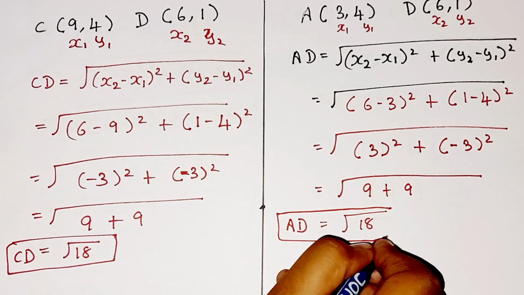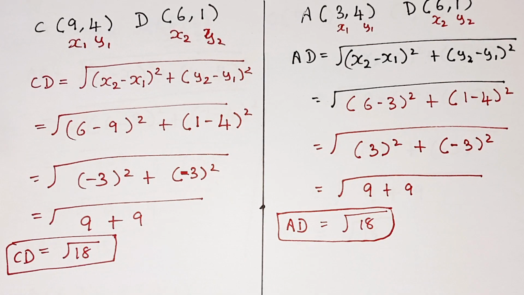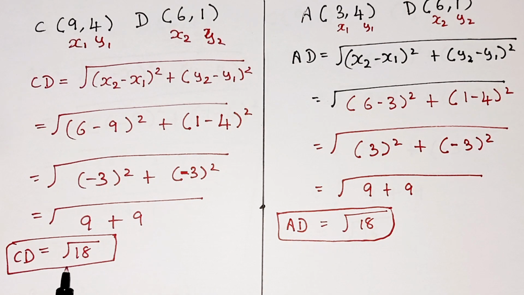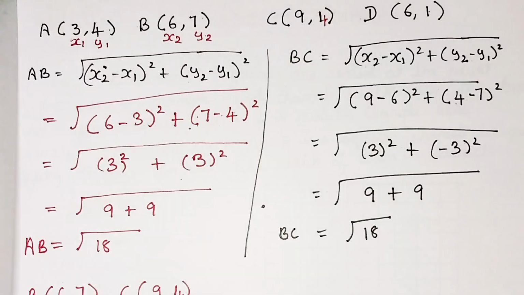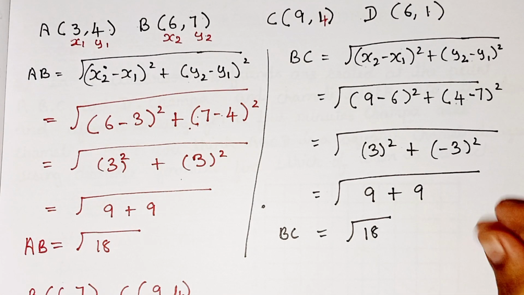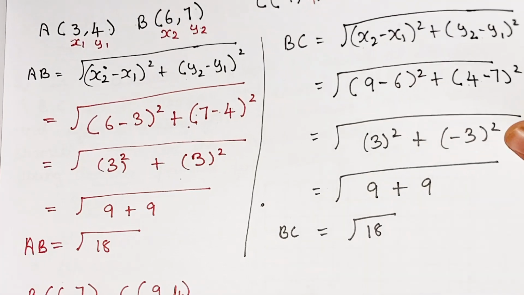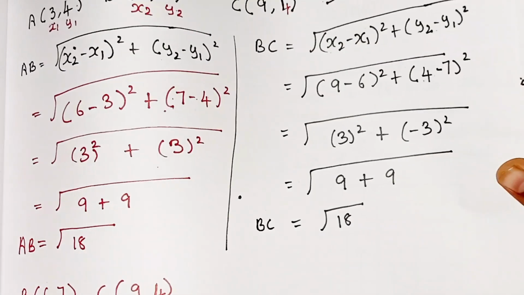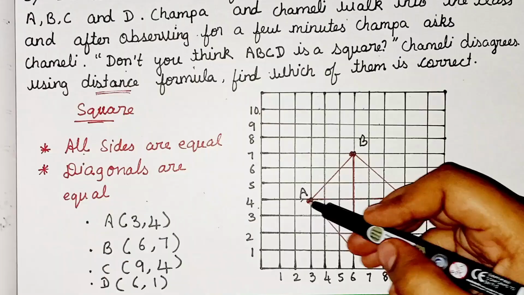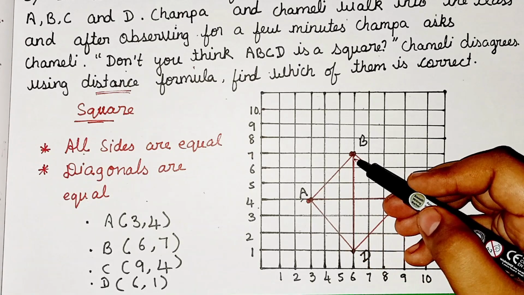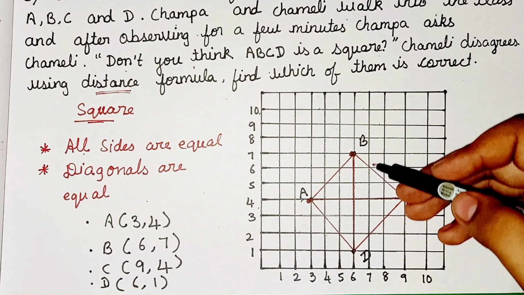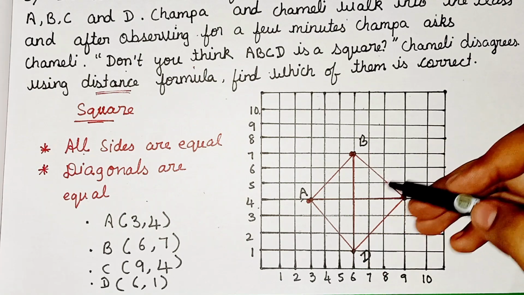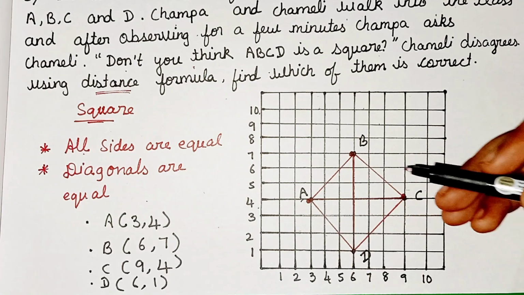So finally we got all the sides value. Here the CD value is root 18, AD value is also root 18, AB value is root 18, BC value is root 18. When you check all these values, we got AB value root 18, CD value root 18, BC value root 18 and AD value root 18.